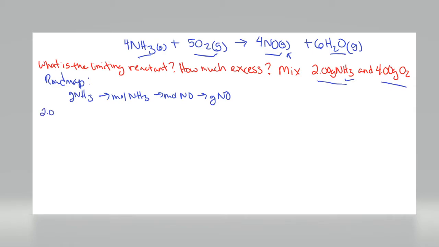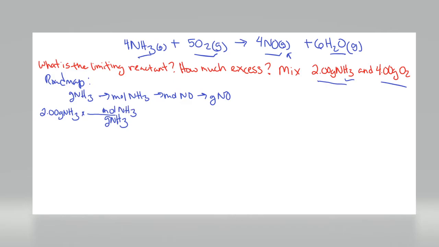So we start with 2.00 grams of ammonia. Using our roadmap, we're going to do a little dimensional analysis. So grams of ammonia is on the top for this first fraction, so we're going to put it in the bottom of the second. And because it's molar mass that we're trying to get to, we're going to put moles on the top.